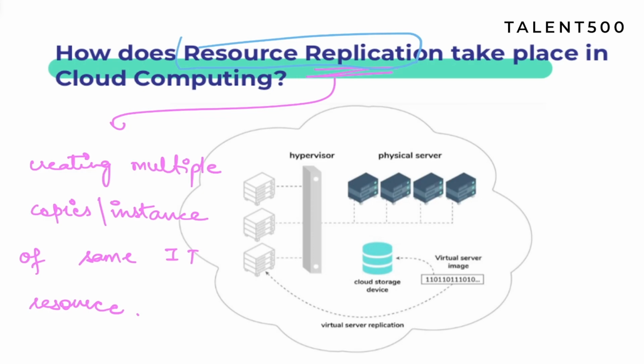Here, how are we going to replicate it? For that purpose, we are going to use virtualization technology. With the help of virtualization technology, we implement this replication mechanism. Since it is happening at the cloud level, we are replicating your cloud-based IT resources. This is implemented the way we do it with a hypervisor. For example, let us say you have some virtualization platform.